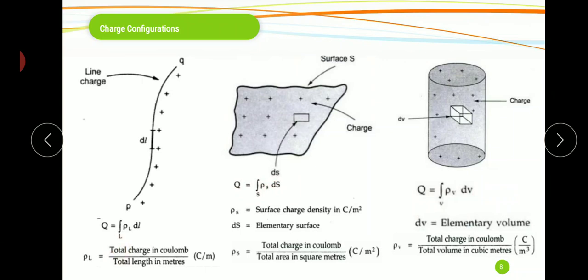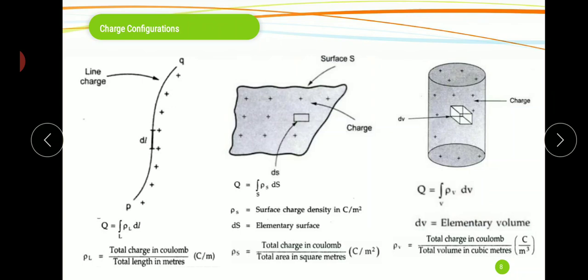So the meaning of integral L here is integration only one time. Why? Because here there is only one variable, whereas here there is a surface integral. The meaning of surface integration is that we have to integrate two times, because there are two variables. Here the meaning of integral V, volume integral, means triple integral.